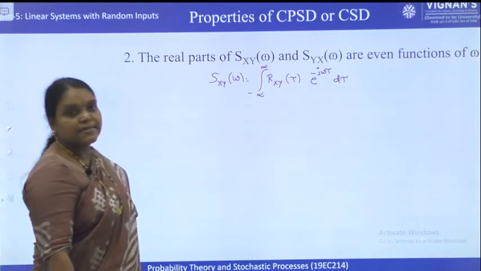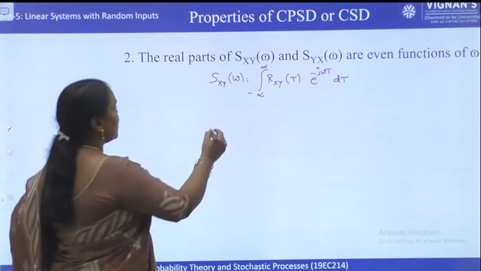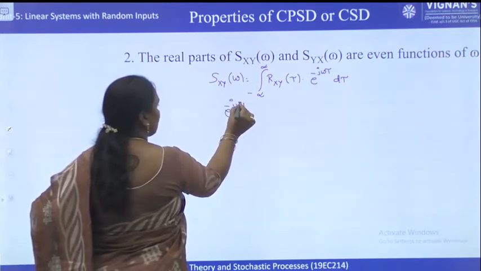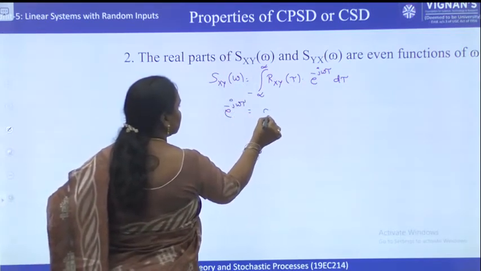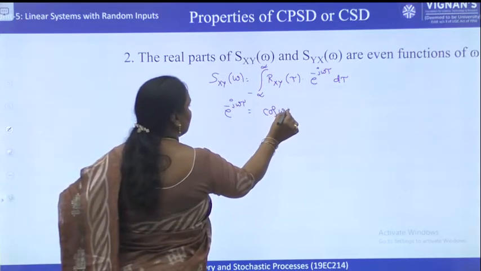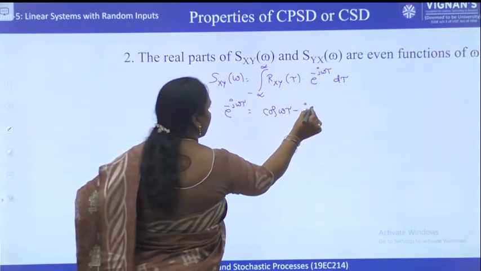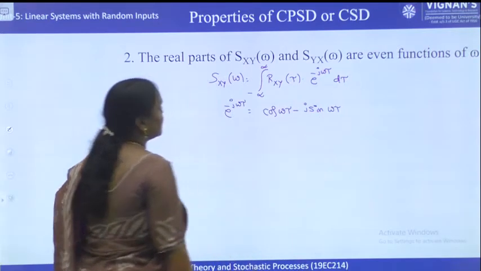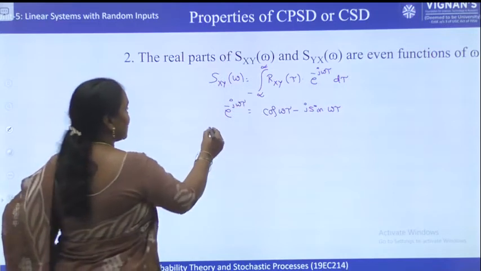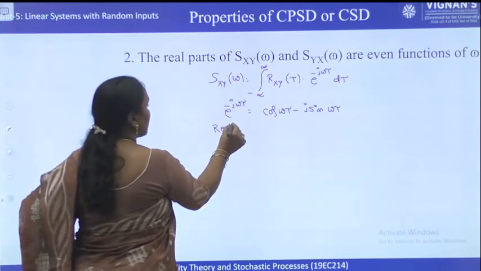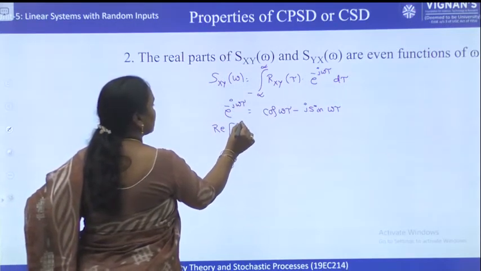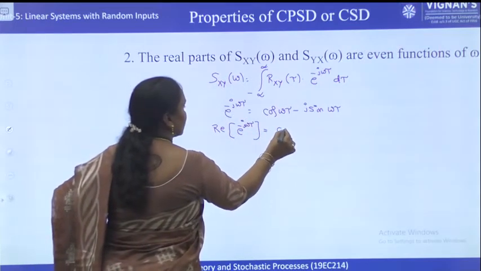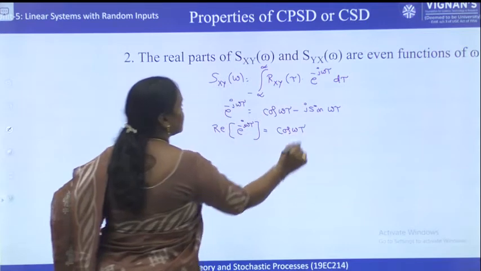Here they have given us real parts. So, first of all, how can I write this e power minus j omega tau, which is a complex quantity? It can be written as cos omega tau minus j sin omega tau. So, here what is the real part of this? The real part of e power minus j omega tau is equal to cos omega tau.